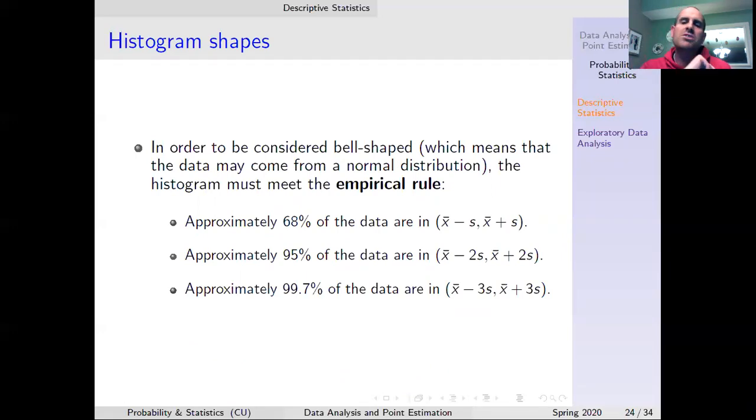And if I go up and down by 2 standard deviations, we have roughly 95%. And then 3 standard deviations up and down from the sample mean, we have almost everything, 99.7%. You suspect that you have a normal bell-shaped curve. Okay, so that's just a little rule of thumb as well.